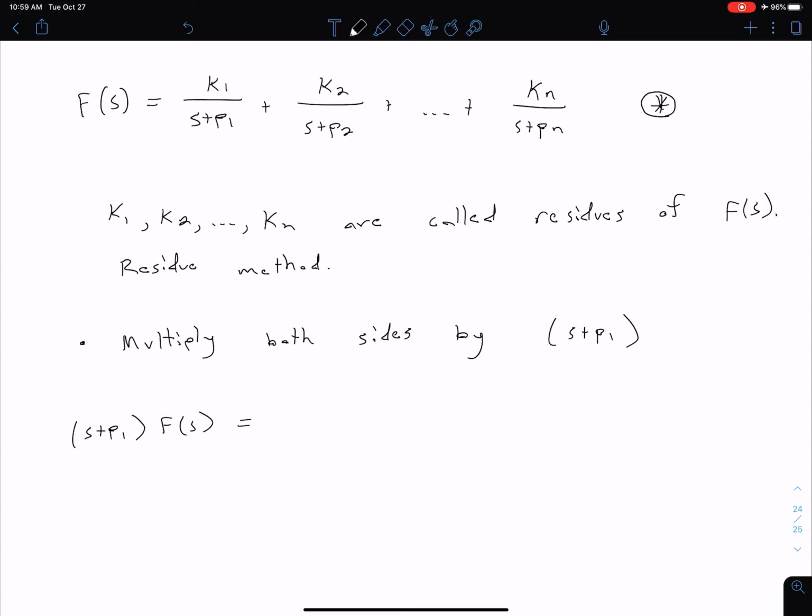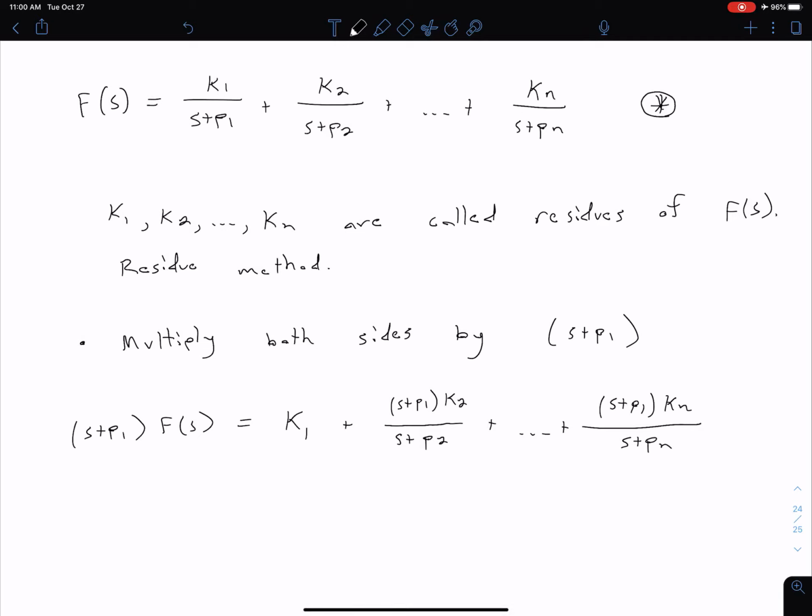For the first term, our s plus p1 is going to cancel out, and we're just left with k1. Because our poles are distinct, none of the other ones are going to cancel out. So we have s plus p1 times k2 divided by s plus p2, and that's true for all of our other terms, all the way up to s plus p1 times kn divided by s plus pn.